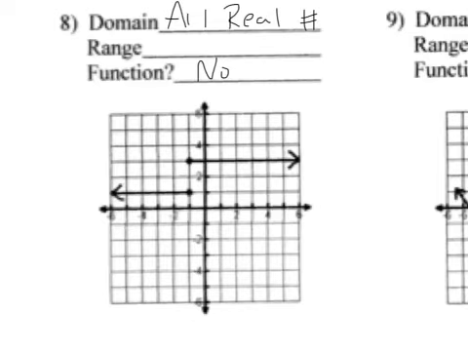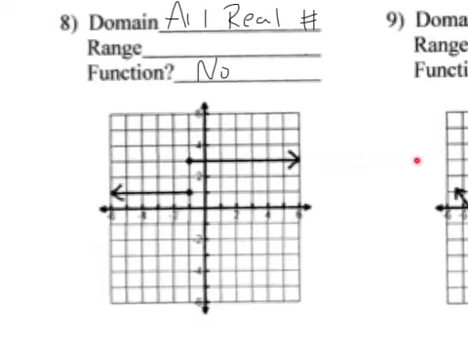Now for the range, I notice that we only have 2 values, right? So right here this line goes on forever, but our y value, no matter where it's at on this line, is going to be equal to 1, right? And on this line here, it's going to go on forever to the right.